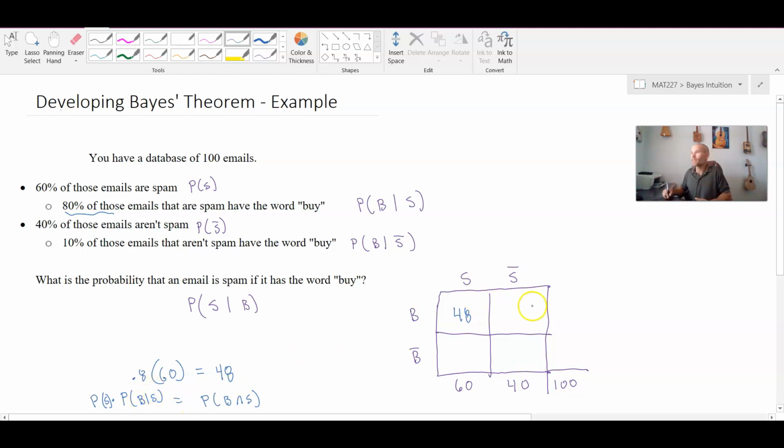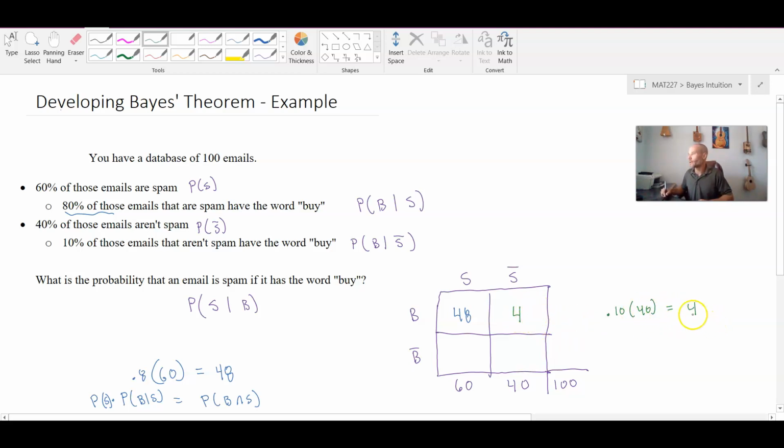Now we could also do the same thing for this cell over here. We know that 10% of those emails that aren't spam, that is 10% of the 40, have the word buy in it. So if I take 10% of 40, then I'm going to get 4. And that 4 is the number of emails that have the word buy in it and are not spam.